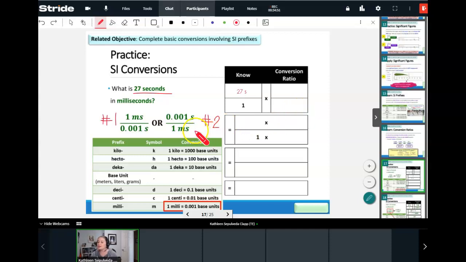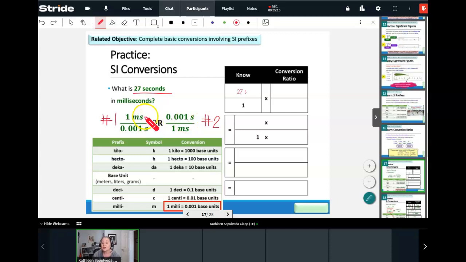So which one has seconds on the bottom? Is it conversion ratio number 1 or conversion ratio number 2? Which one has seconds on the bottom? Good, Anaya. And Jenny. Good, Johnny. Hala. Yes, beautiful. Okay, Ray. Yep, good.